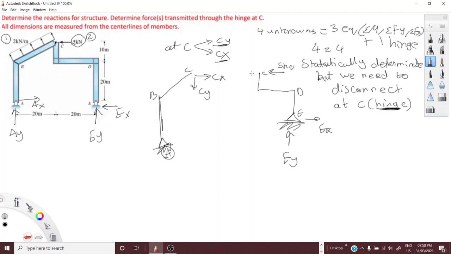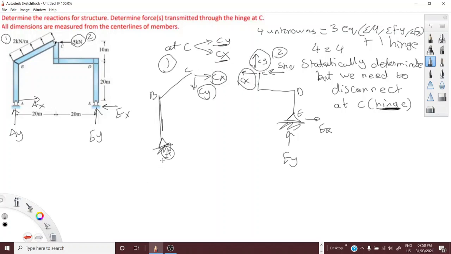Cx has an internal load of the same magnitude but opposite direction, and Cy is downward, so therefore Cy is upward. So I need to find Cy and Cx for part 1, and also Cy and Cx for part 2.